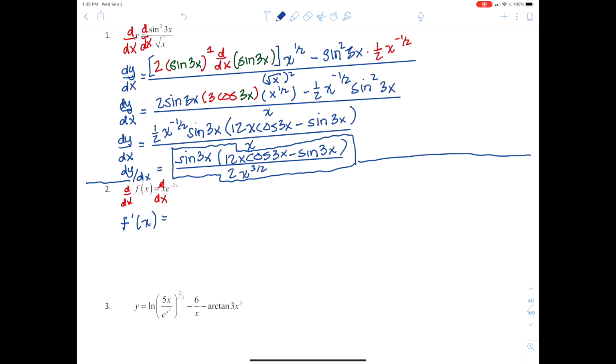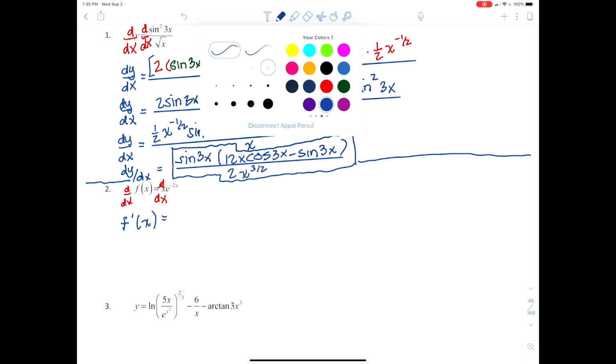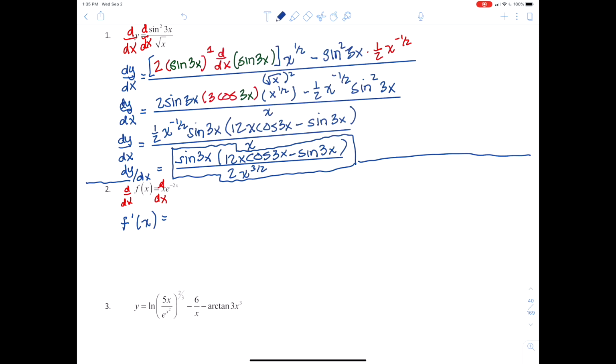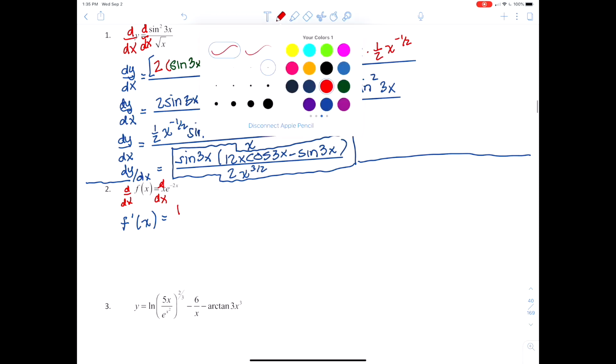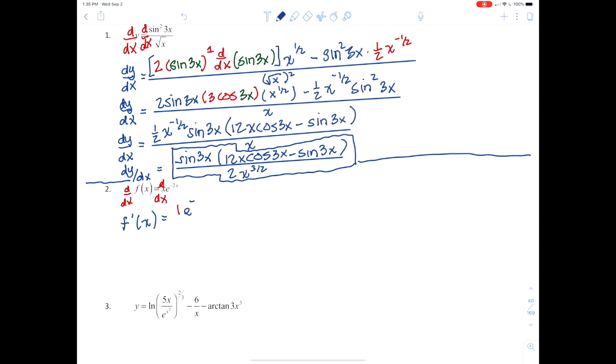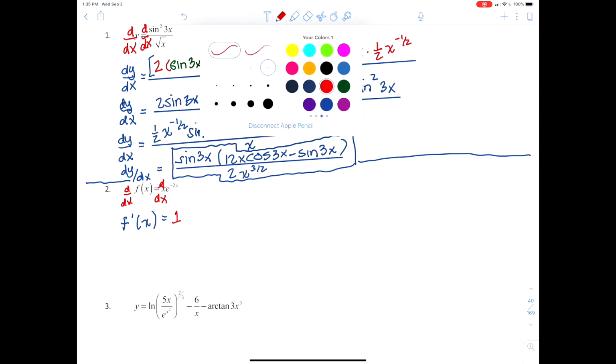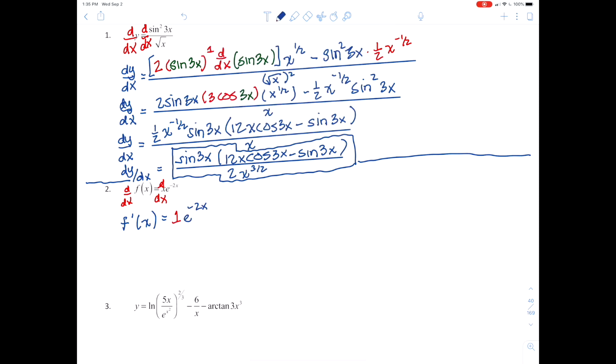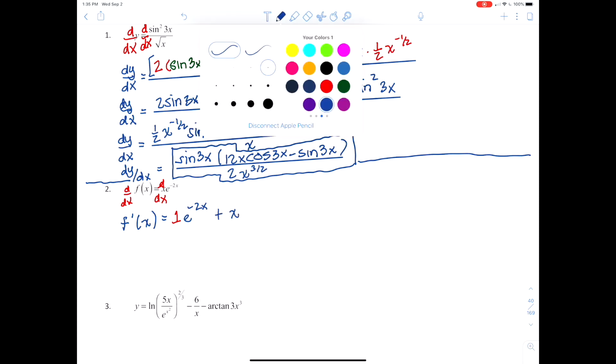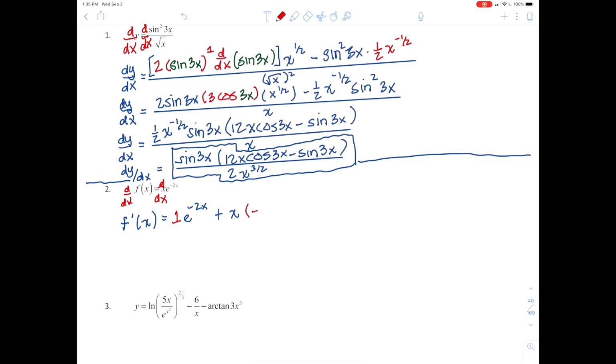So this is going to be equal to the derivative of the first term, which is 1, times the second term, which is e to the negative 2x, plus the first term, which was x, times the derivative of the second term. Don't forget to differentiate the exponent, right? So we'll get negative 2e to the negative 2x.